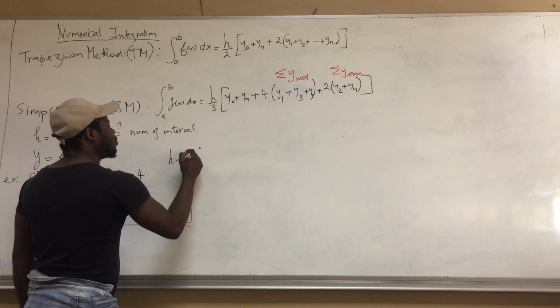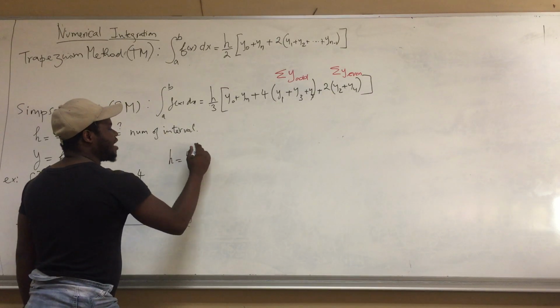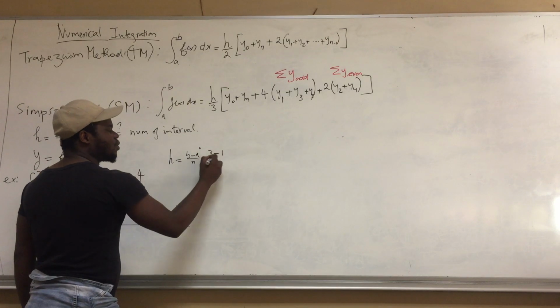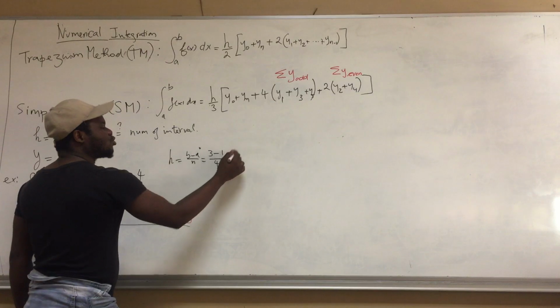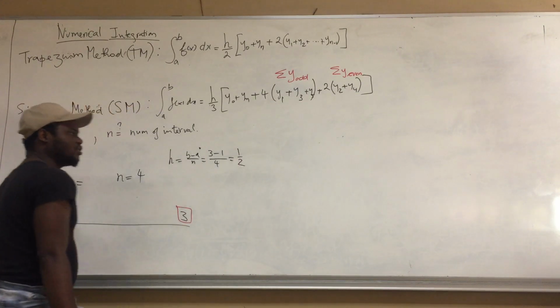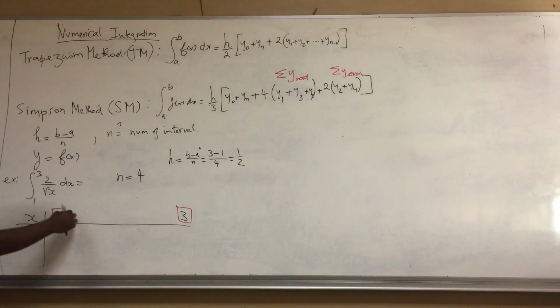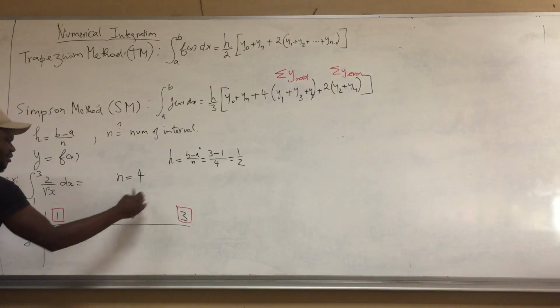It's h equal to b minus a divided by n, where b is 3, a is 1, and n is 4. This gives you 2 divided by 4, which is 1 over 2. This is your h.